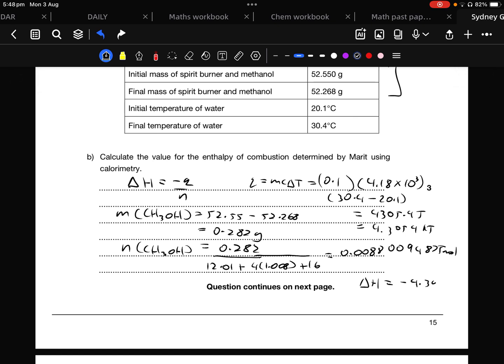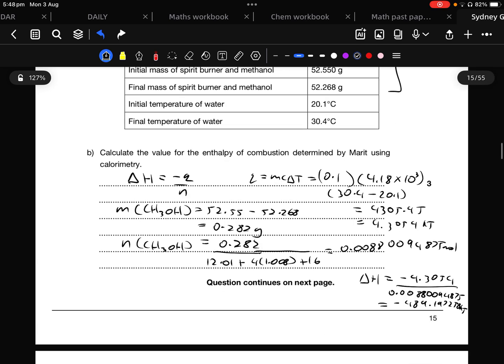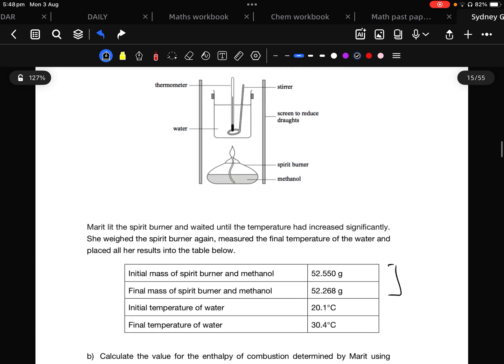minus, which gives us 489.1. We also got to round it to significant figures.